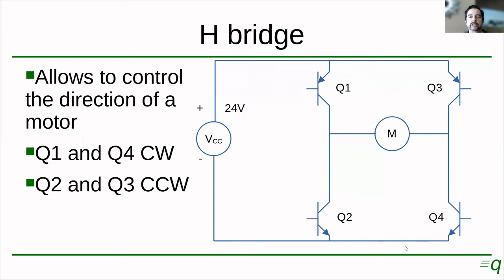So under our assumptions, that will cause the motor to turn clockwise. Now, if we turn off Q1 and Q4 and turn on Q3 and Q2, we are providing a path for the current to flow through the motor in the opposite direction, because now positive is going to be on the right side of the motor and negative on the left side. And according to our assumptions, that would make the motor turn counterclockwise.